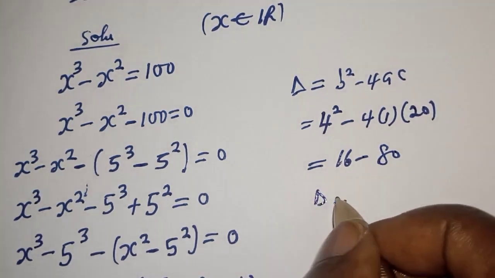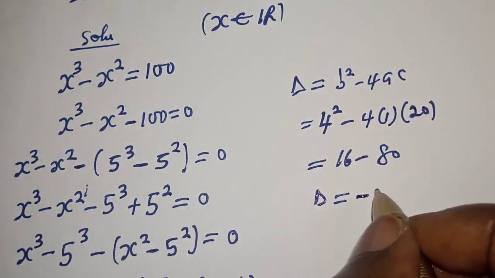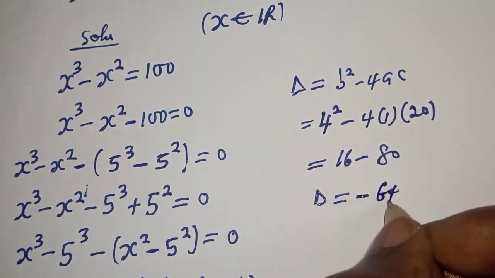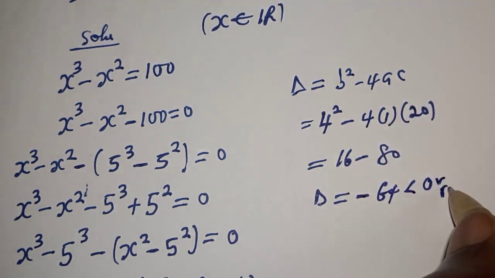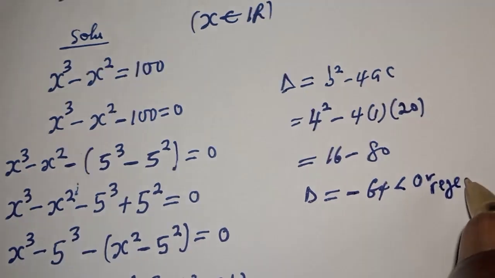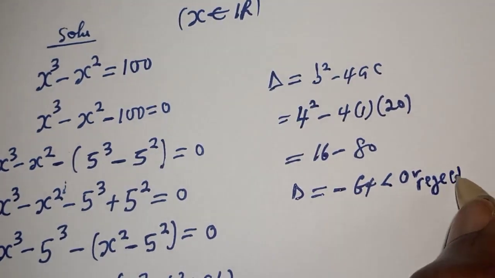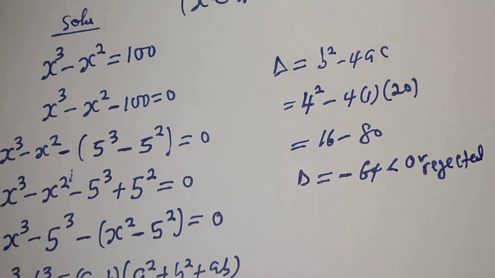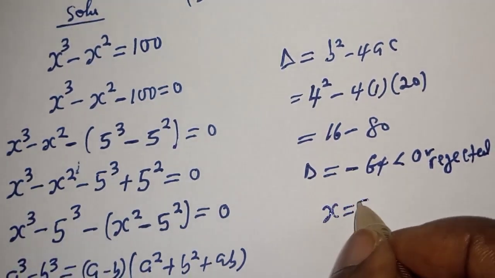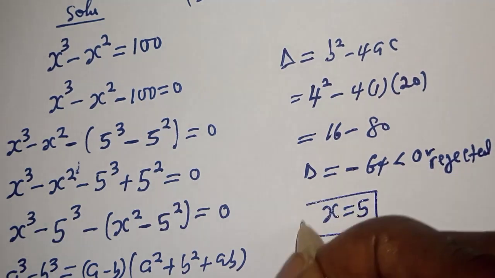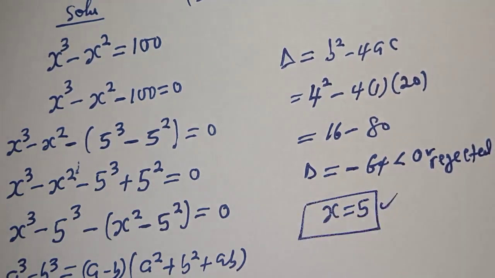Then D is equal to minus 64, which is less than 0. So this is rejected. The only solution we have is s is equal to 5. This is the final answer.